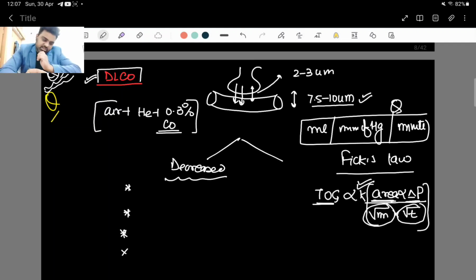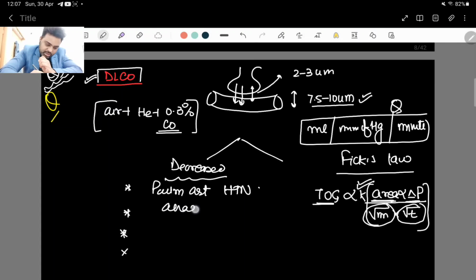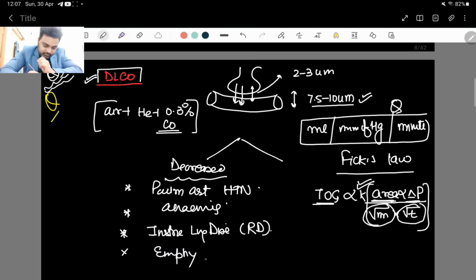So the conditions where there is decreased DLCO: pulmonary artery hypertension, anemia, then intrinsic lung disease, which is a restrictive disease, and emphysema.